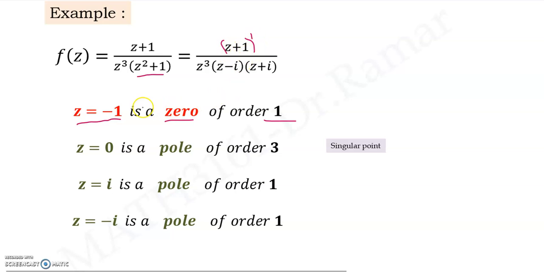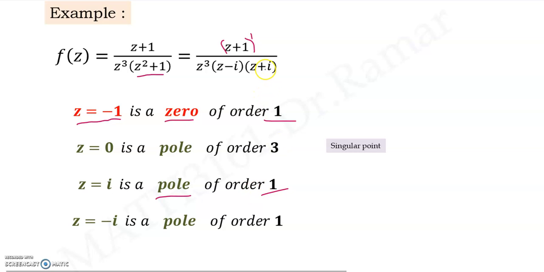Now in the denominator we have z cubed, so the root is 0. So 0 is a pole of order 3, because the degree is 3. Now what is the value of z? If z minus i is equal to 0, then z is equal to i, and that is called a pole. z equal to i is a pole of order 1, because the degree is 1.